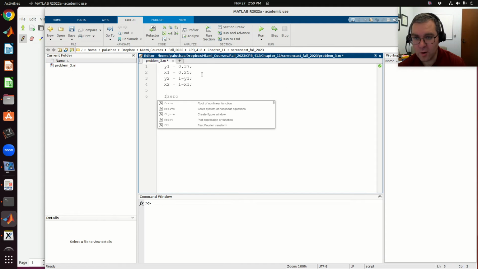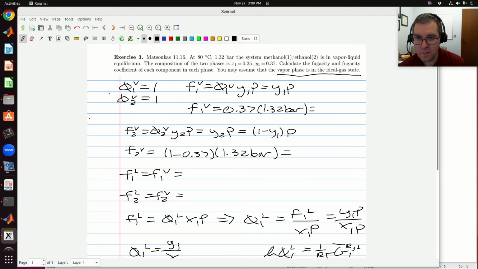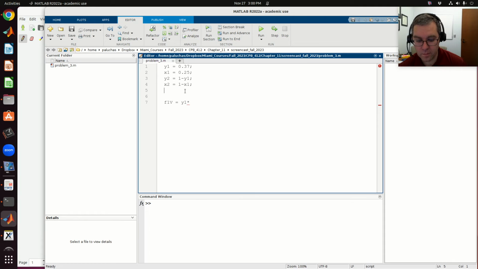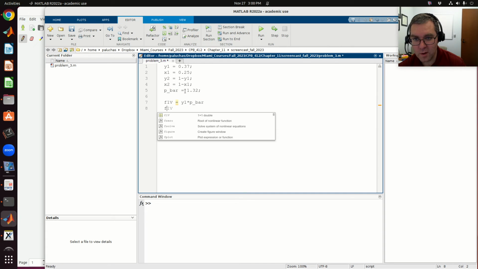First we had f1V equal to y1 times P. It's auto-completing on me because I need to define P. My pressure was 1.32 bars, so P in bars is 1.32. So f1V is equal to y1 times my pressure in bars, and f2V was equal to y2 times P in bars.